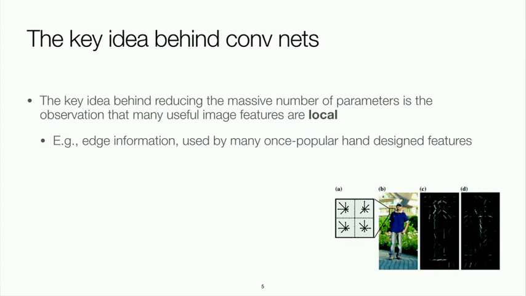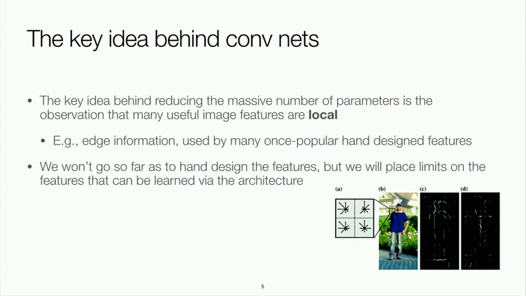So that's the big picture. We're not going to go as far as hand designing the features like we used to do, pre-deep learning. But we are going to place limits on the types of features that can be learned via the architecture of the neural network, how we actually build it, how we specify what the layers are and what operations they perform.